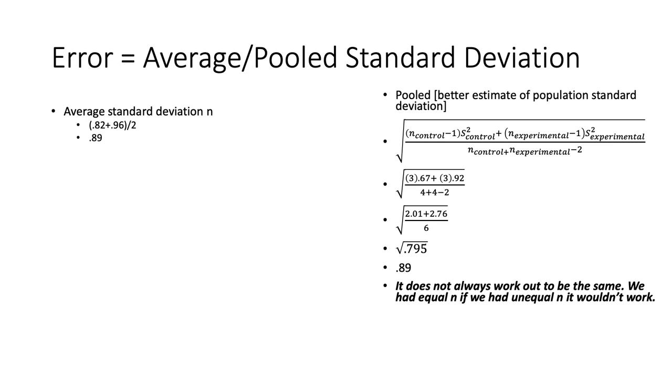So what you're doing is what we call a weighted average. Now you're weighting how much the variance of the control group and the variance of the experimental group get calculated into the average deviation, and you're weighting it on the sample size minus 1. So if you have a group that has a sample size of 100 and another group that has a sample size of 10, essentially that variance of the group with 100 is going to be weighted basically, not exactly, 10 times more than the standard deviation of the group with only 10 observations, right?